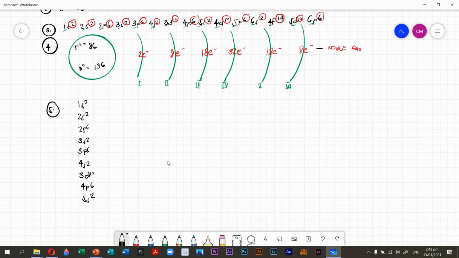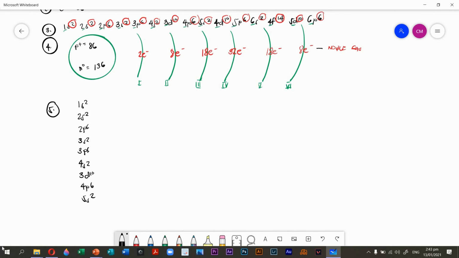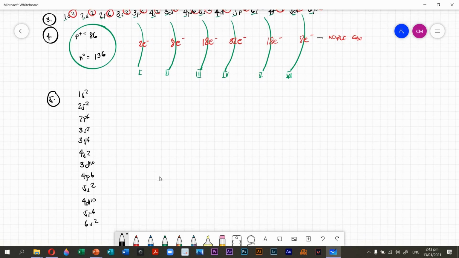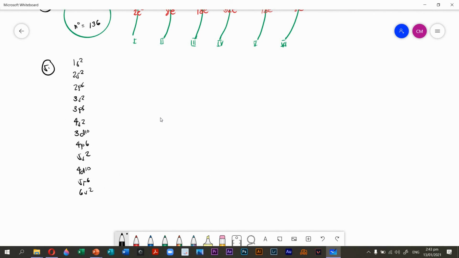Okay. So 5s2, then 4d10, and then 5p6, and then after that is 6s2, and then after 6s2 comes 4f14, and then after that is 5d10, and then the last one is 6p6.